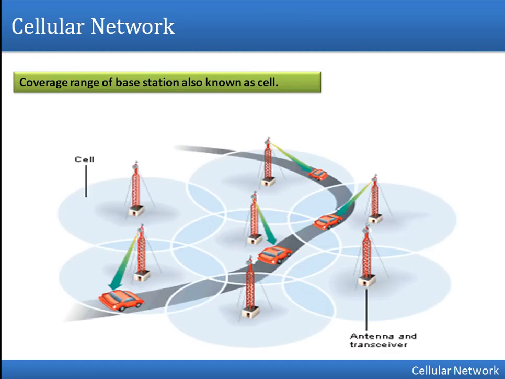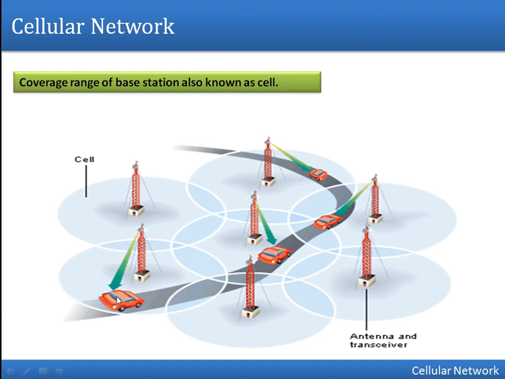This one we have already discussed: the coverage range of a base station, also known as a cell. Now when we have multiple base stations, as you can see in this example, and our user is mobile, a user is talking while driving a car. At some point of time that user is connected to this base station, then this base station, then this base station.